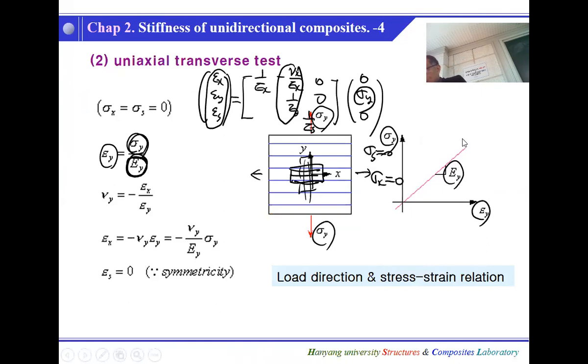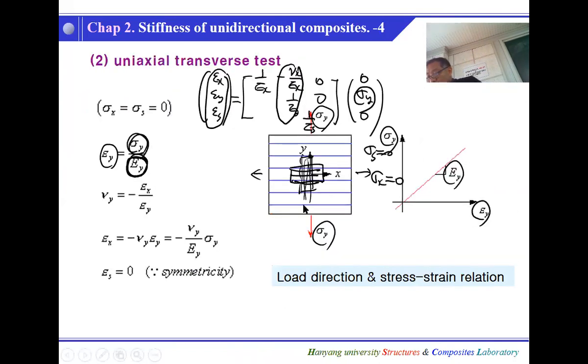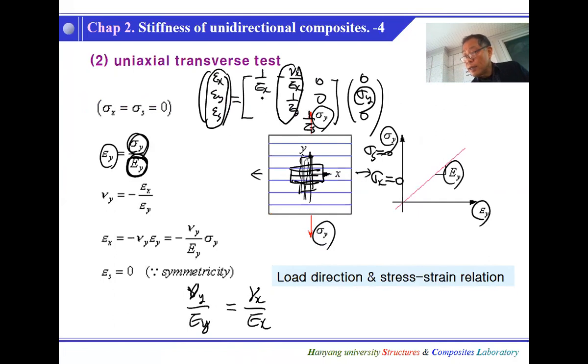Okay. Now another one. Of course, in here you can measure the Poisson's ratio, and same as here, you can measure the strain in x and y direction. But one thing you need to remember is that mu x ex should be the same as mu y ey. Okay, this guy, y and ey. So these are a relation.